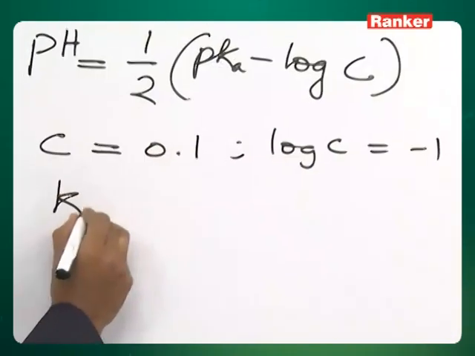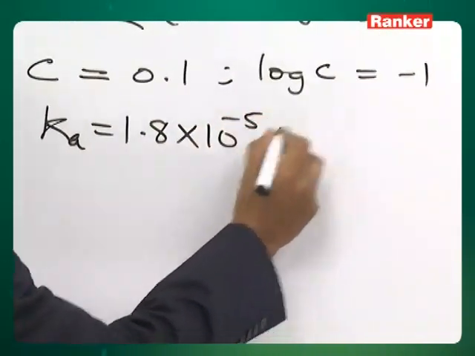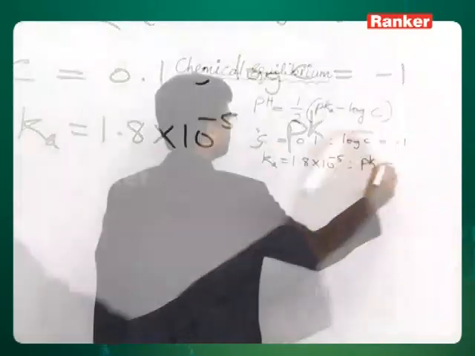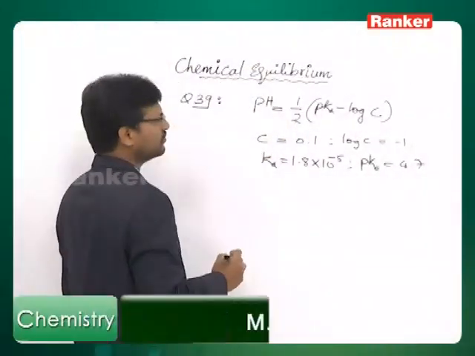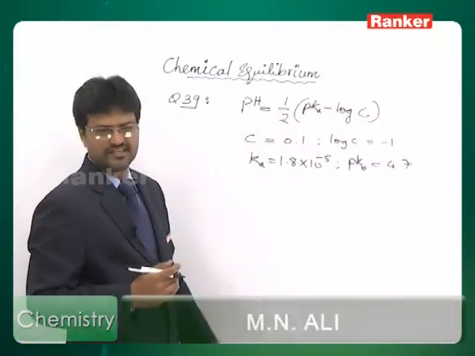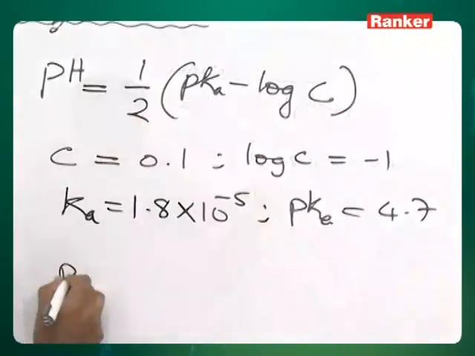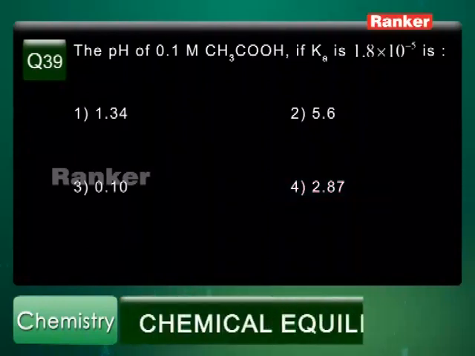Ka is given as 1.8 into 10 raised to -5, so pKa will be very close to 4.7. So if you put these two values, pKa and log C, you get the answer pH equals 2.87. So the answer is the fourth option.